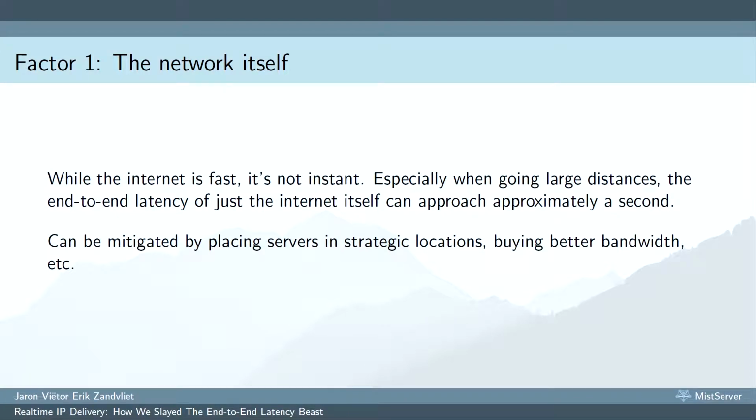To begin with, it's the network itself. We have internet, and we have pretty fast internet right now. There's still the question of whether your viewers in Europe will get the same stream at the same latency as the ones in the US, or whether those in Asia get the same bandwidth as well.